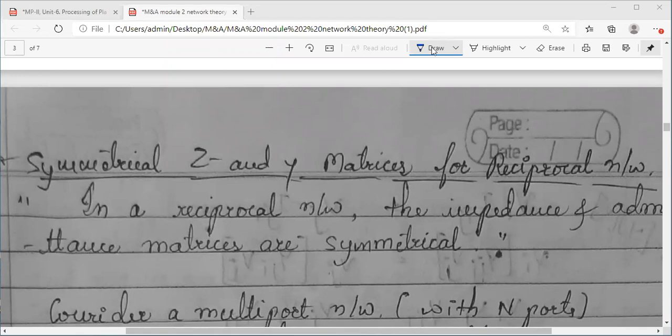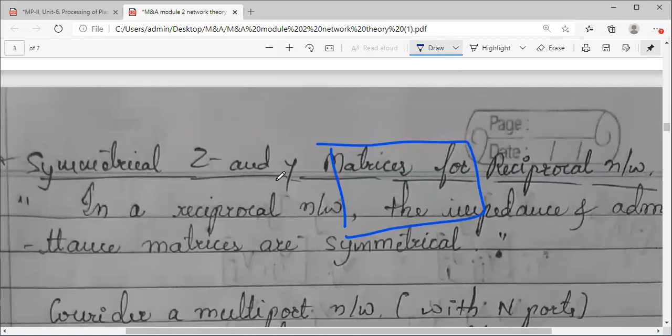The meaning is, assume you have a network and you are applying the input here. In technical terms, we call the input excitation and the output response. If you give the excitation at this port and see the response at this port, you will get some characteristics for the network.